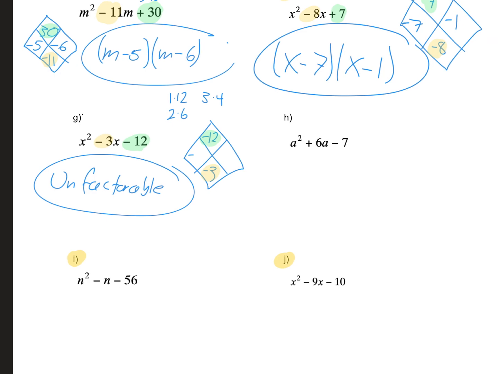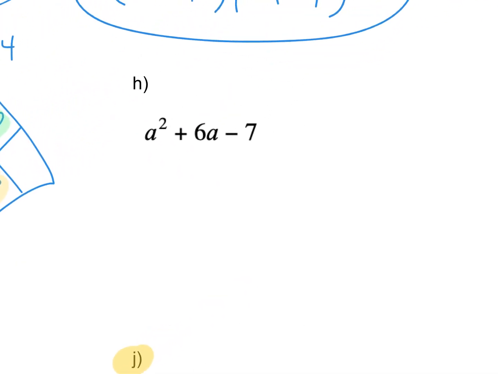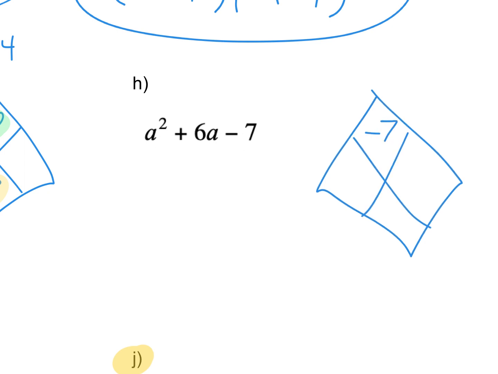All right, let's look at problem H. I have a product of negative 7 and a sum of positive 6.